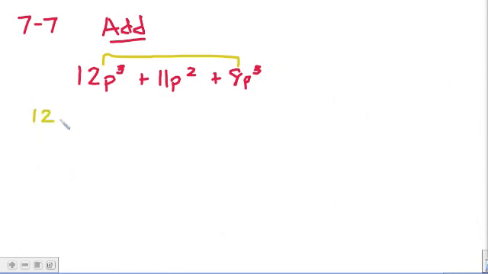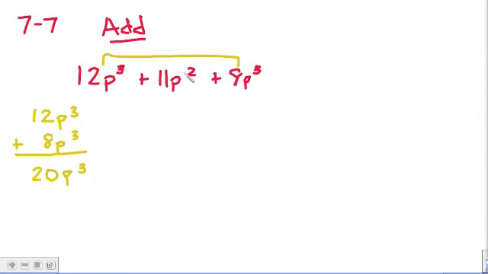We can do 12p to the third plus 8p to the third. And all we're going to really do here is add the values. So 12 plus 8 is going to give us 20. And we drop down p to the third. There you go. Now, can we do anything with this 11p to the second?